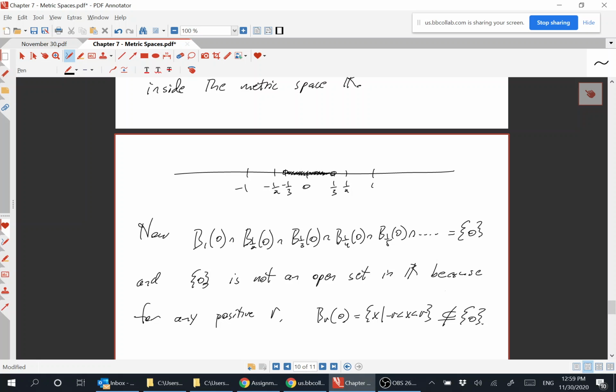So unions of infinitely many open sets are still open. A union of infinitely many open sets is still open. Intersection of infinitely many open sets, not open. Well, it could be, it doesn't have to be. Typically, it won't be.